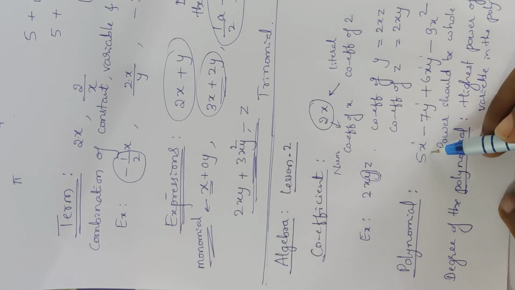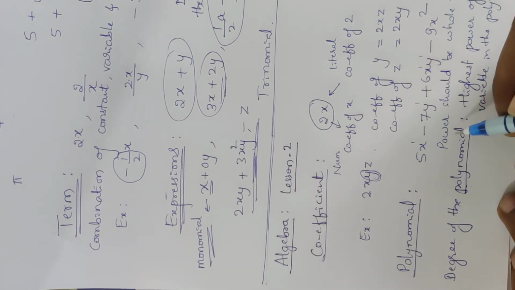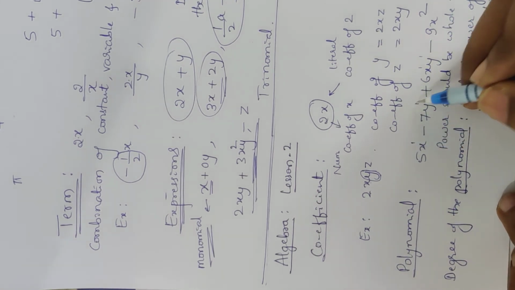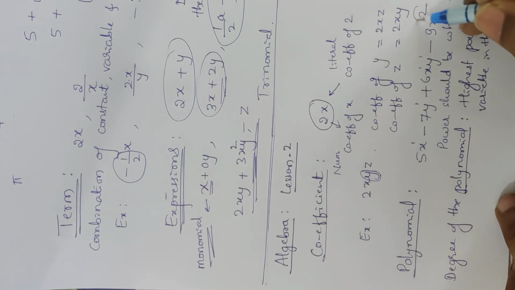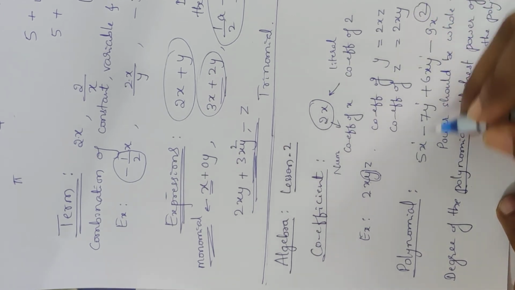Suppose you see this polynomial, which is the highest power? Here the power of the variable is 1, here it is 1, here the power of these two if you mix it will come 2, here the power is 2. So totally the highest power is 2, so you can call the degree of this polynomial as 2.